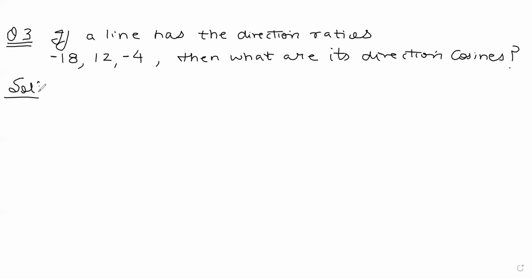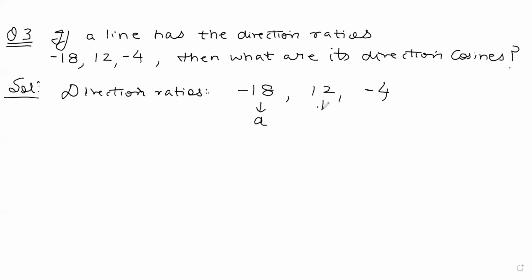Okay, so first of all, recall direction ratios are given to us. So direction ratios which are given to us are minus 18, 12 and minus 4. This is nothing but A, this is nothing but B, this is nothing but C. Remember, direction ratios we used to denote by A, B and C. Now all students recall from my previous lecture, how do we find out direction cosines from direction ratios?